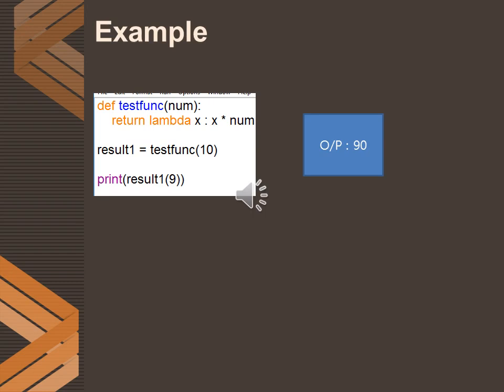So we can see here that result1 is a function and test_func is also a function. In this case a function is passed inside another function. So in this type of case where a function is passed as an argument to another function, we use lambda functions.